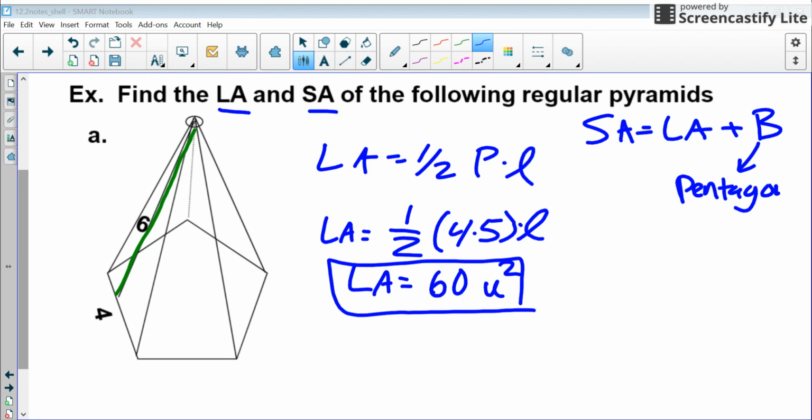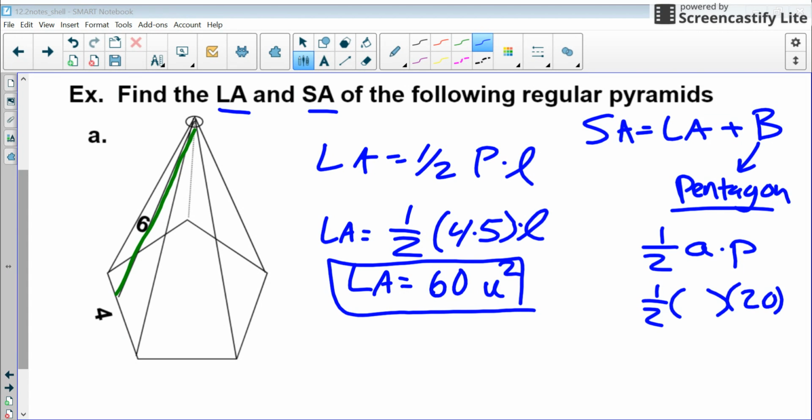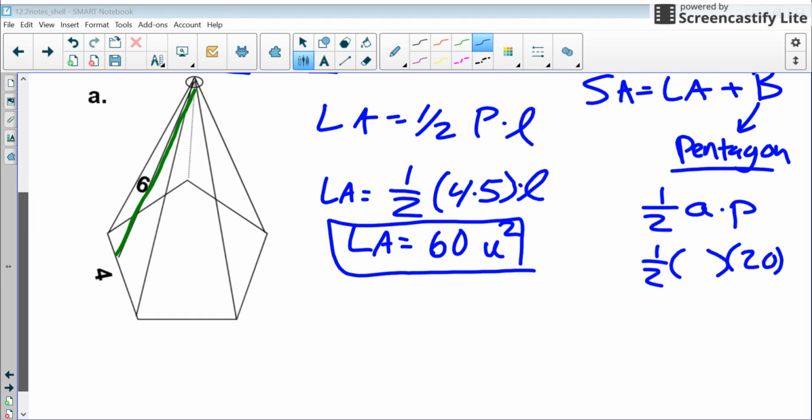So now this ties back right into what we did last chapter. We got to find the area of a regular pentagon. We know a side length, so we're going to use 1/2 AP. We don't know A yet, so I'll leave that blank. We know our perimeter is 20. Let's go about finding our apothem on our base here.